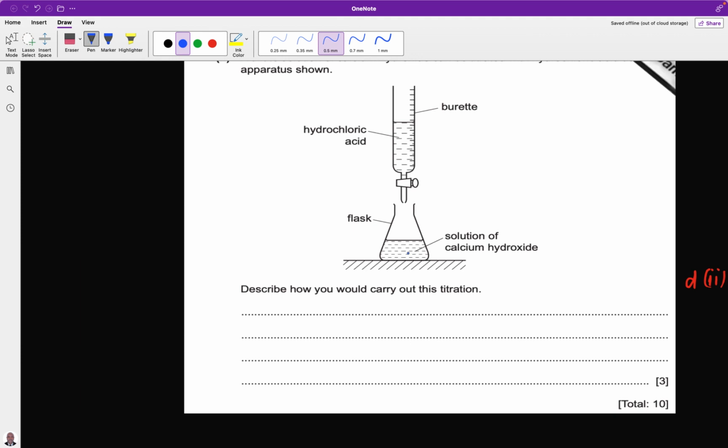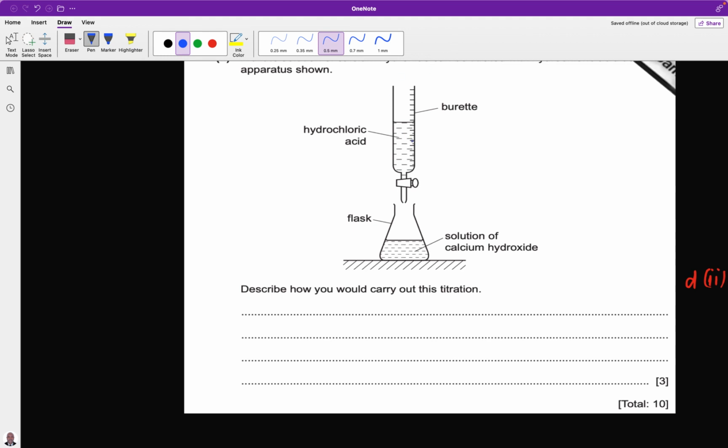Secondly, using a 25 ml volumetric pipette, you are going to pipette calcium hydroxide into the conical flask. Thirdly, you are going to take the initial burette reading of the acid.